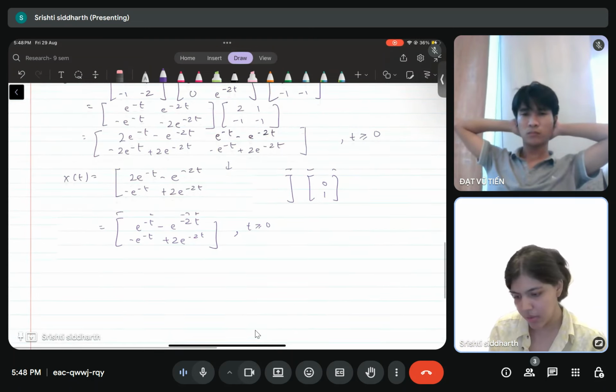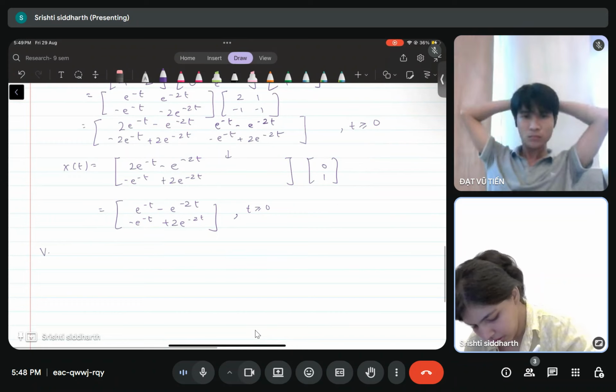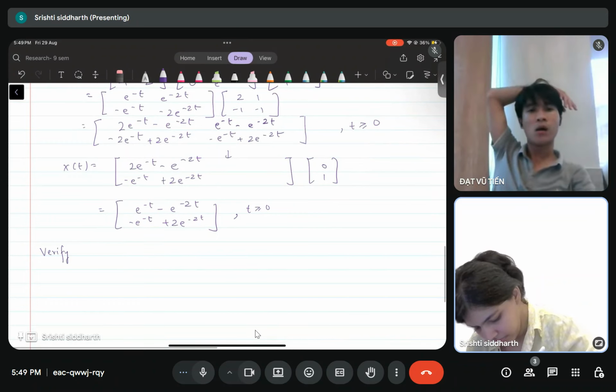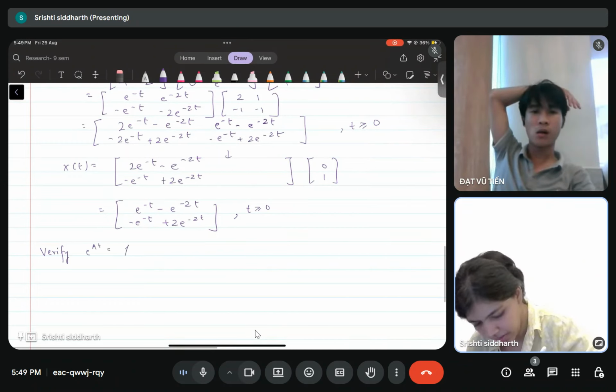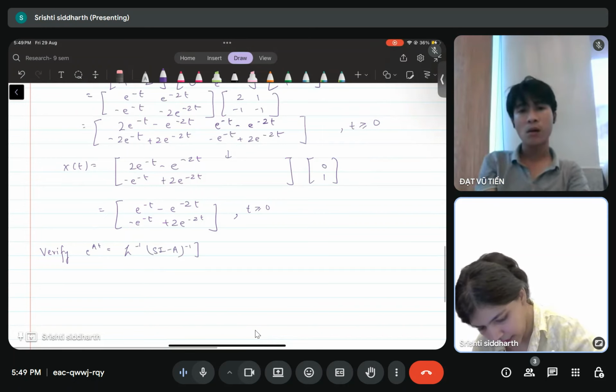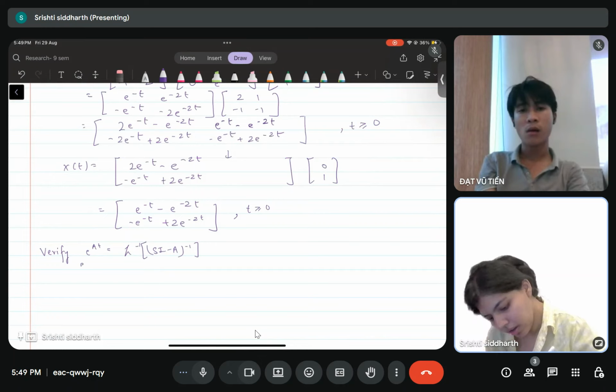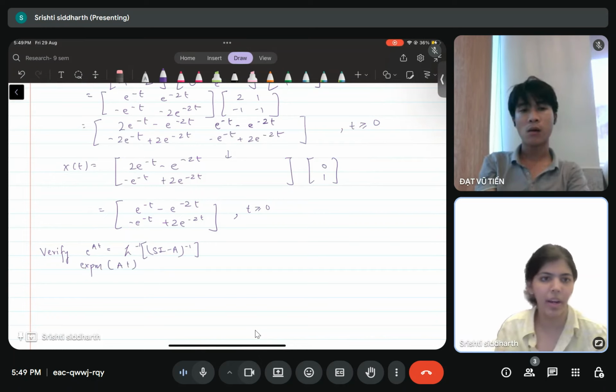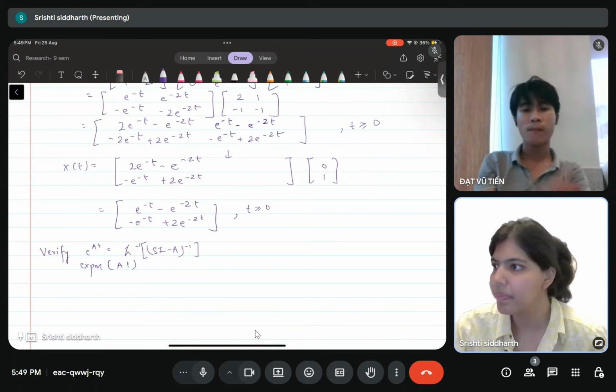So note that this was zero. You can verify using the initial expression, Laplace inverse of sI minus A inverse. You could also try taking expm in MATLAB and find out if this is the same answer.